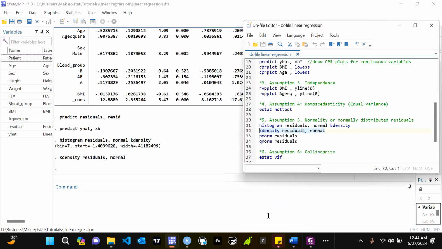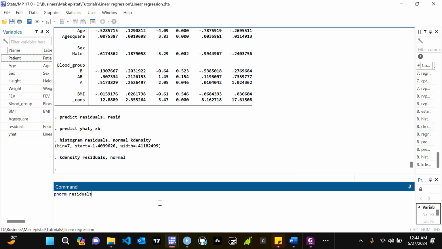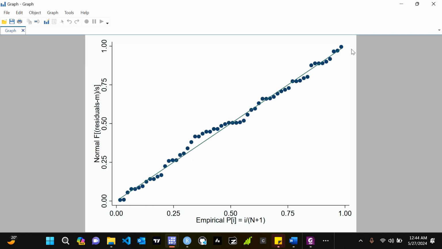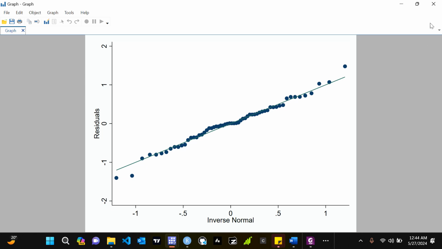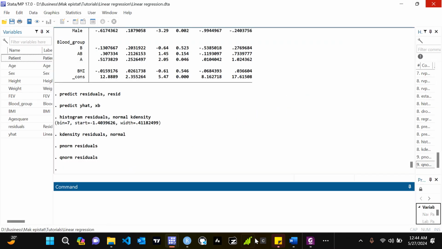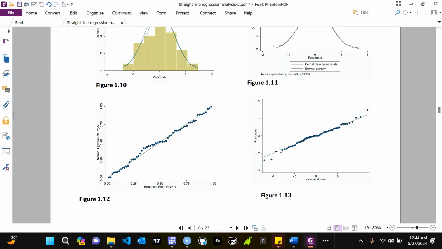So we can go ahead and do the p-norm and the q-norm. You see they are on a straight line. We can also do the q-norm, or what we call the QQ plots. It's also on the straight line. That means the assumption is fulfilled.